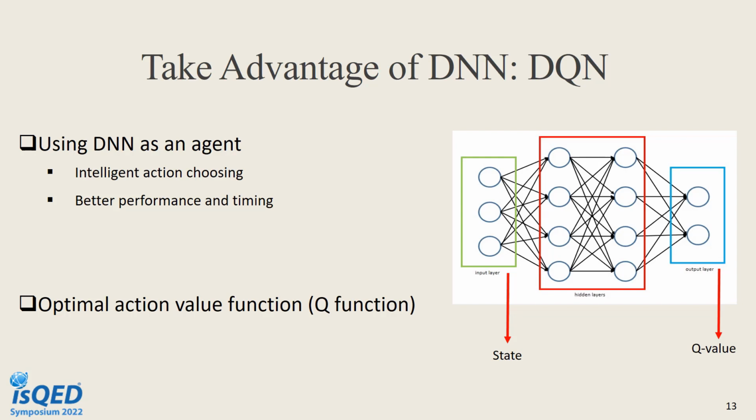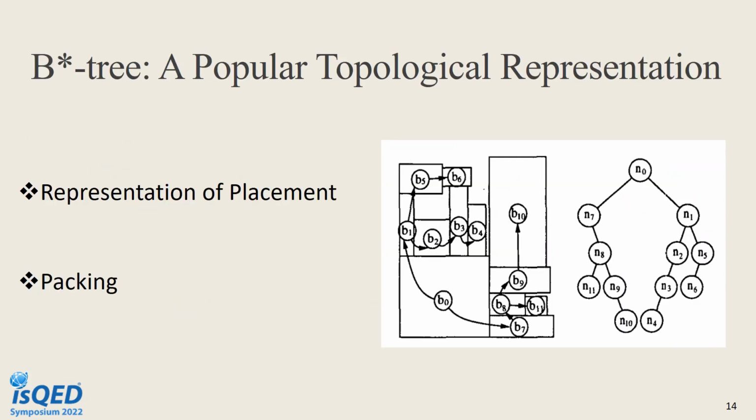The main purpose of our agent is finding an optimal action value function that can predict the Q value on the output layer.